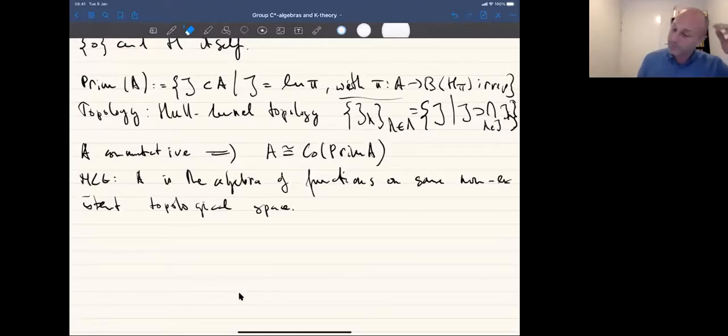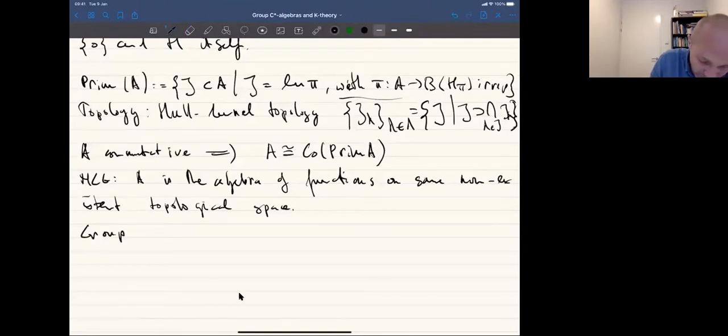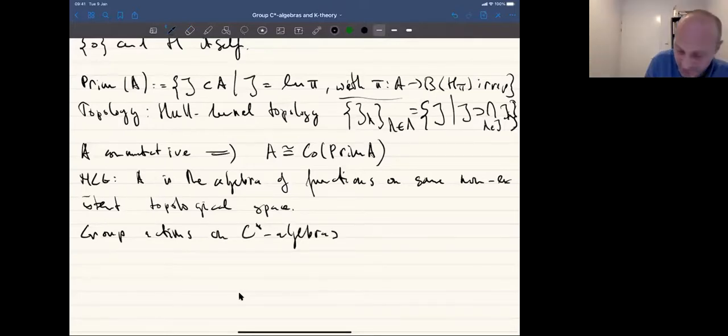Okay, now let's go to group actions on C-star algebras.